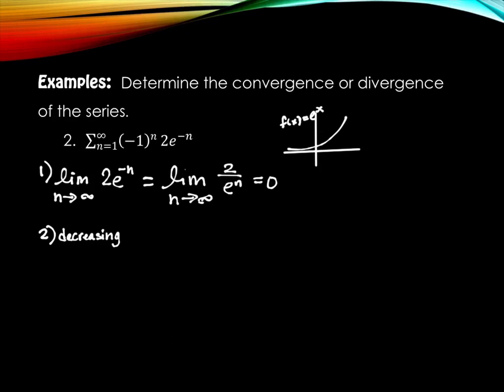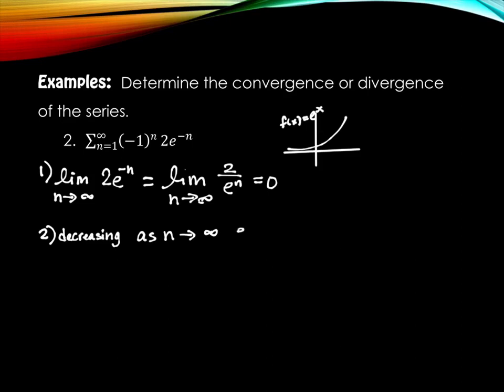So why is this a decreasing sequence? That is the 2 over e to the n. What happens as n gets larger? The number underneath in the denominator will increase, which makes the number smaller. Correct.